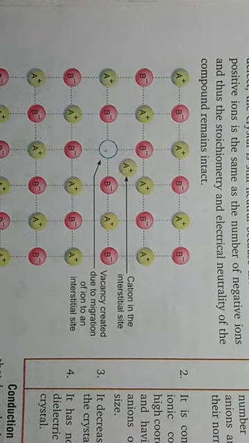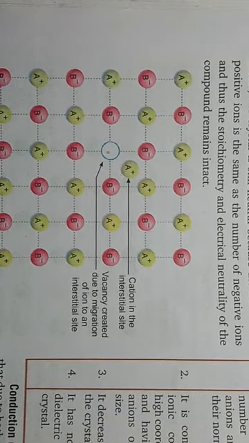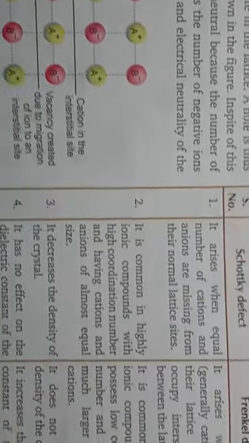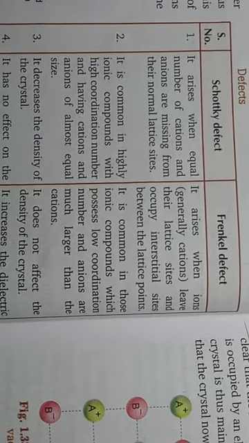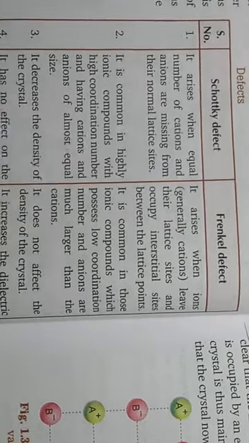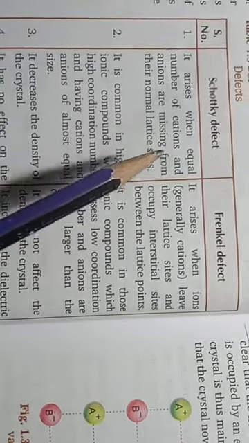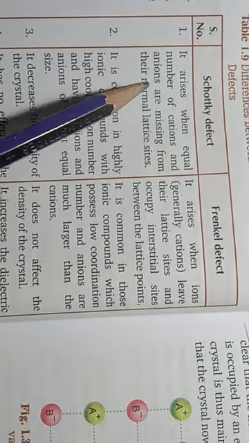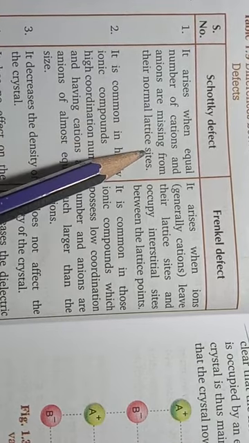Okay, students, so these two defects, Frenkel and Schottky, are very important. Next we will discuss the differences between these two defects. According to the points given here, first point: Schottky defect arises when an equal number of cations and anions are missing from their normal lattice sites.